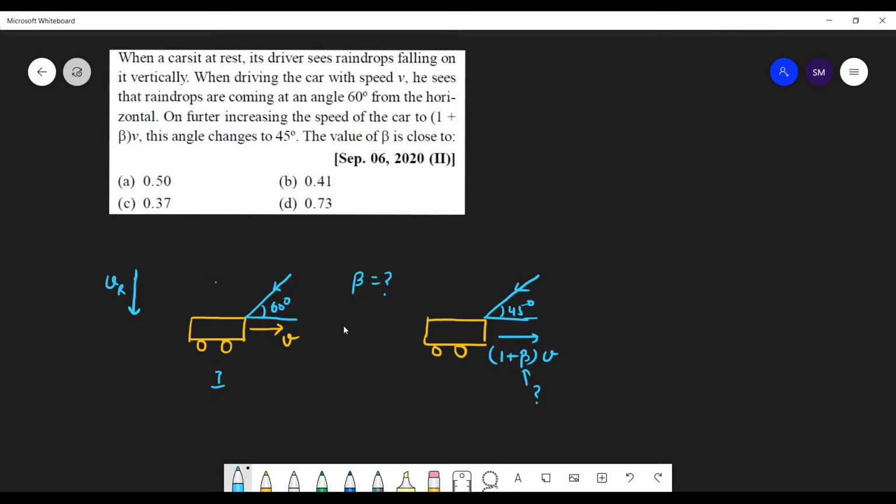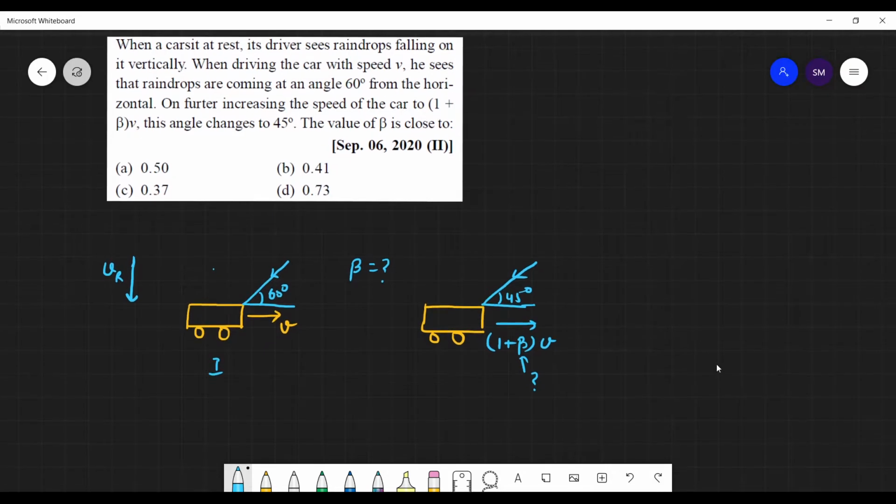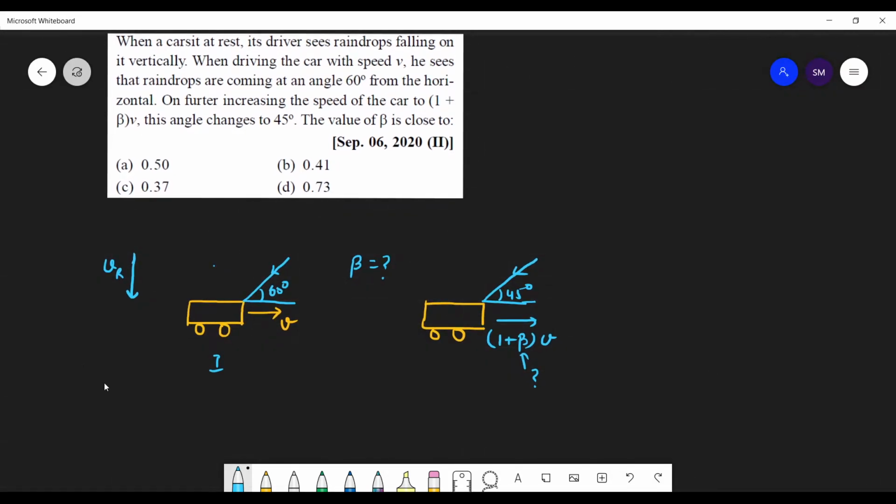Okay, students, if you draw the diagram for this first case, that's the velocity of rain.